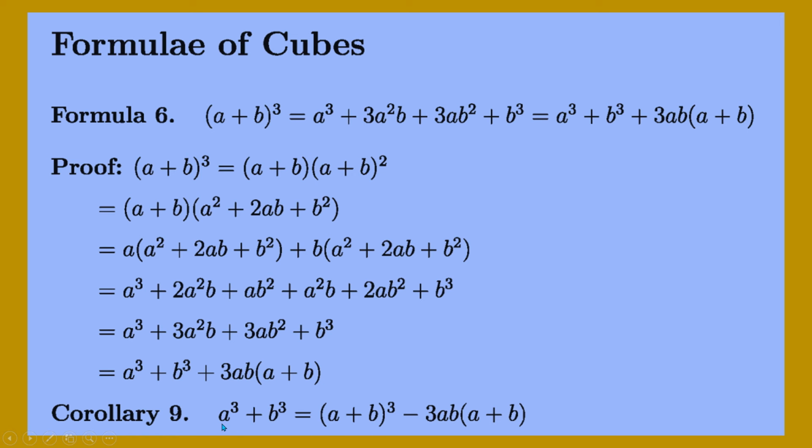Clear everyone? That means a³ + b³ equals (a + b)³ − 3ab(a + b). You have to remember this.